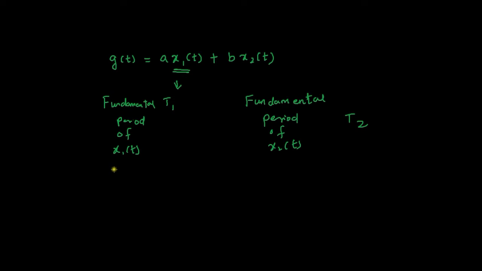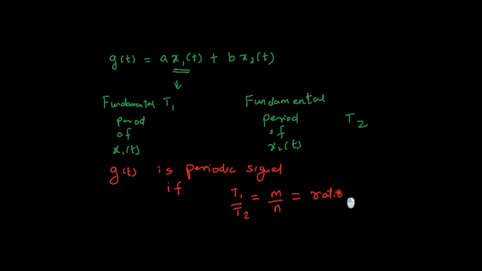Here is the definition. g of t, the linear combination of x1 of t and x2 of t, is a periodic signal if t1 upon t2 is a rational number.